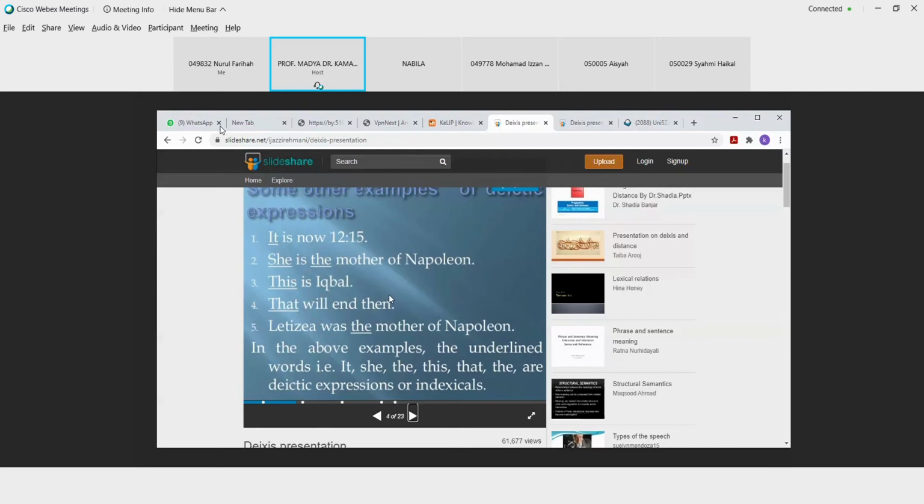Previously, under implicature and also explicature, you read that in chapter 9. So how many of you now can fully understand the terms implicature and explicature? So far so good. Anybody would like to say something, Nabila?